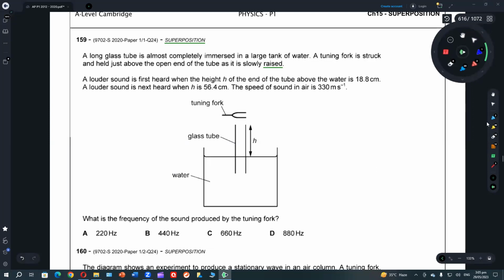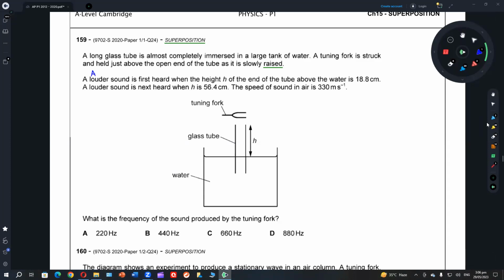tuning fork upward. A louder sound is first heard when the height of the end of the tube above the water is 18.8. Now, the louder sound, louder means antinode.